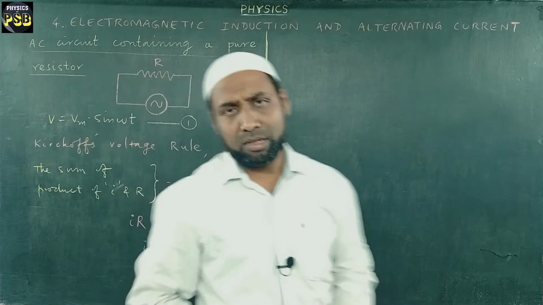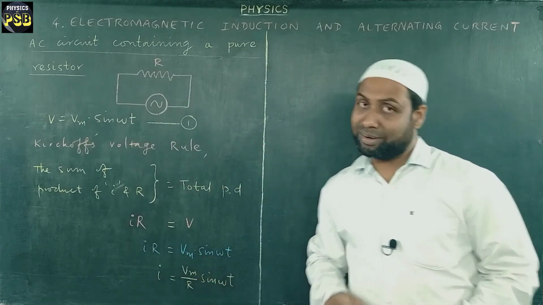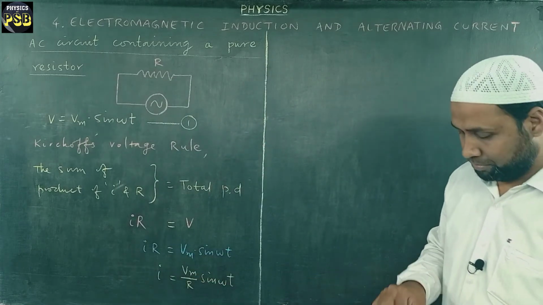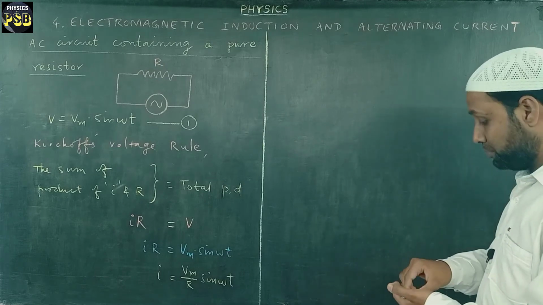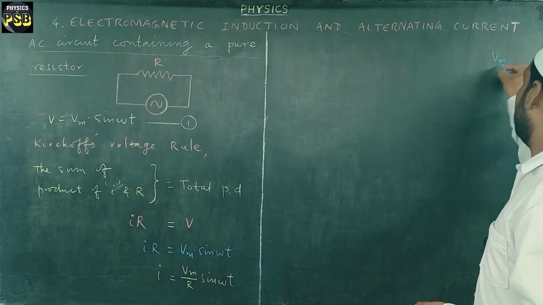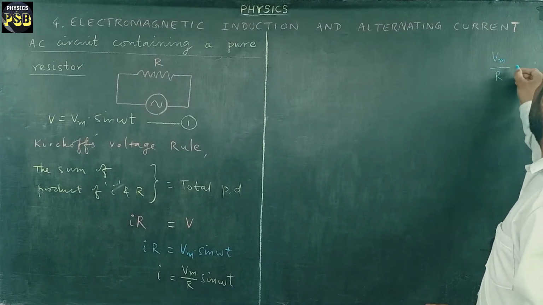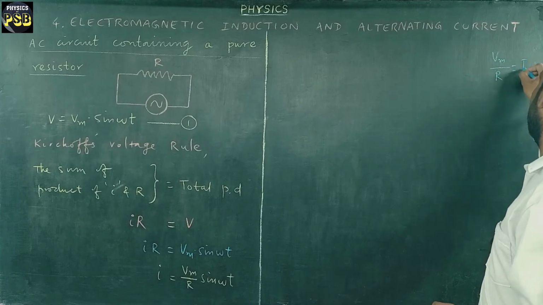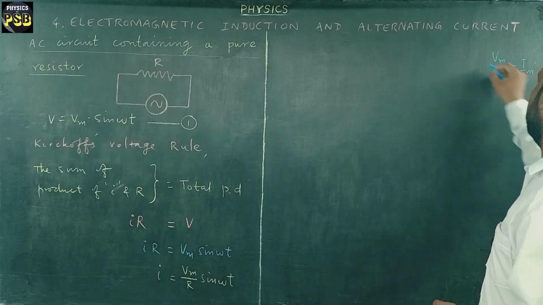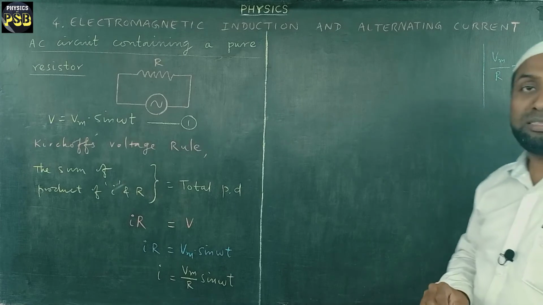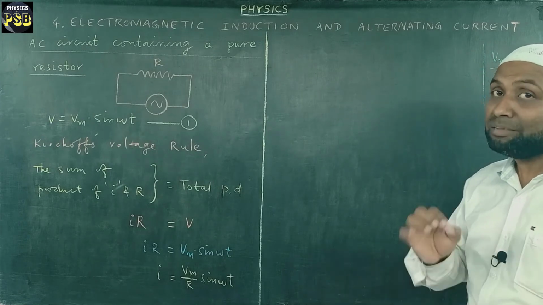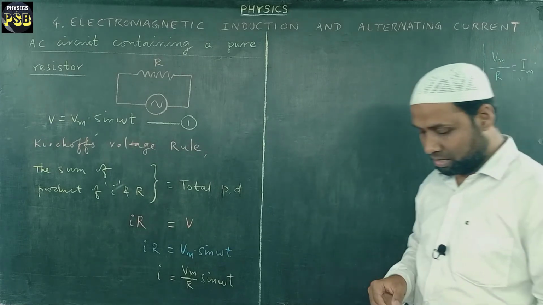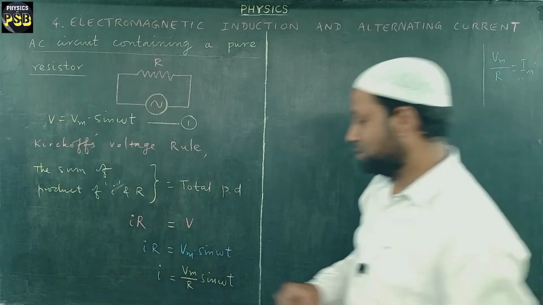According to Ohm's law, when voltage is divided by resistance, we get current. Here, Vm upon R is found to be equal to Im. So here Im is the peak current or maximum current flowing in the circuit.